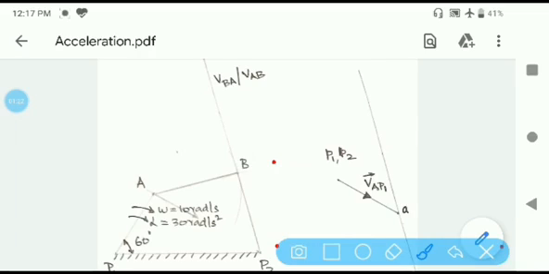So what you do is, from point B you draw a line perpendicular to BP2. You can extend it on either side of point B.